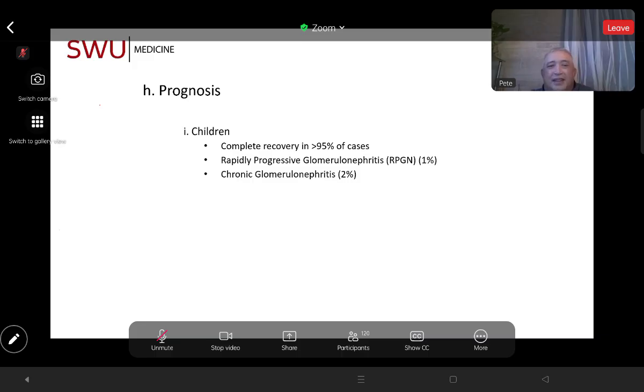However, in adults, without treatment, complete recovery is achieved in 60%, and then the rest, 40%, will go into chronic renal disease or RPGN. So without any treatment, the patients will recover.